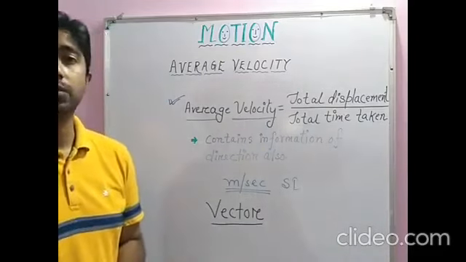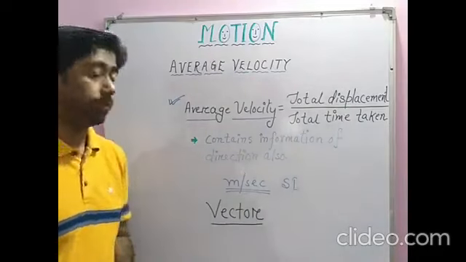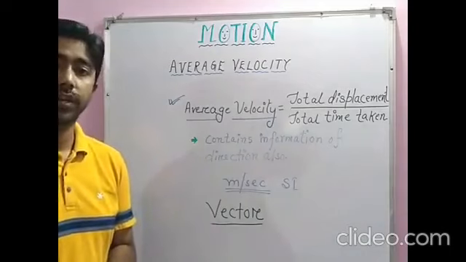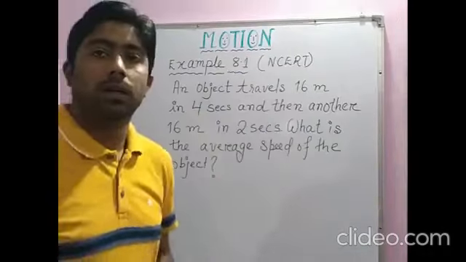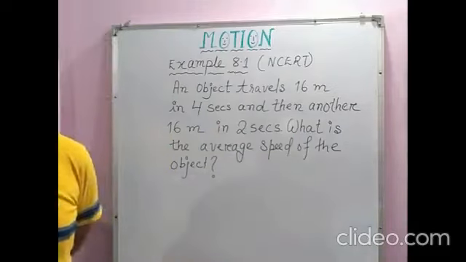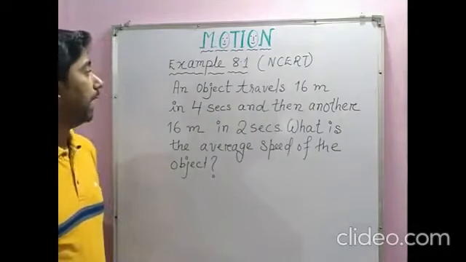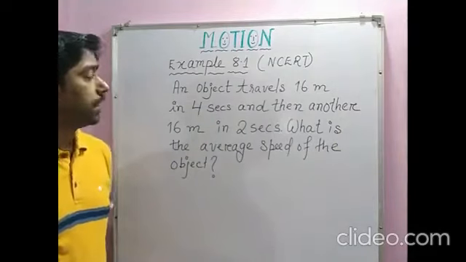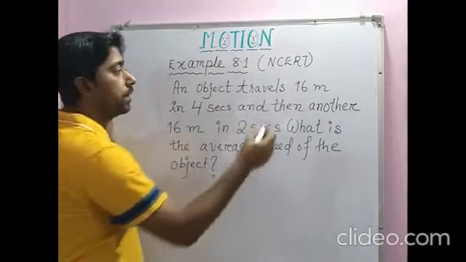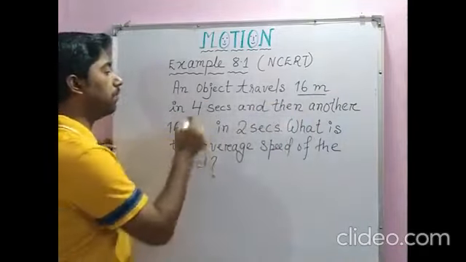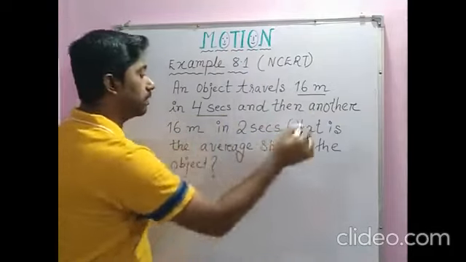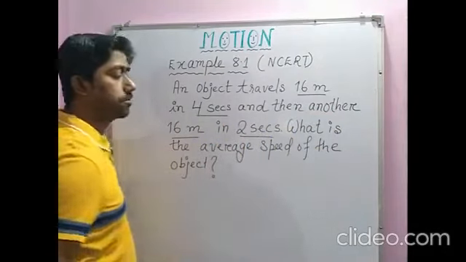Now we will solve some numericals so that our concepts of average speed and average velocity become more concrete. Here you can see a numerical which is taken from the NCERT textbook, and it states this: an object travels 16 meters in 4 seconds, and then another 16 meters in 2 seconds.